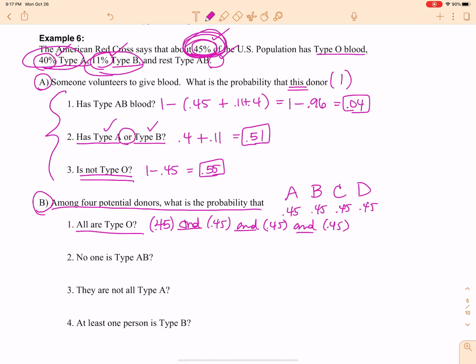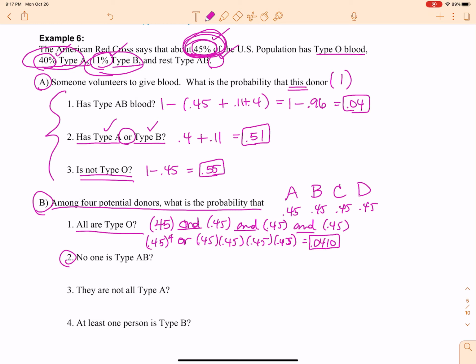Remember what "and" means. It means we're going to be multiplying. So this is 0.45 to the 4th, or 0.45 times 0.45 times 0.45 times 0.45. Oh, my writing gets so sloppy, so sad. All right, so I'm going to multiply those out.